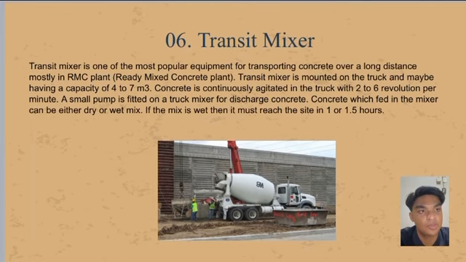Concrete is continuously agitated in the truck at 2 to 6 revolutions per minute. A small pump is fitted on a truck mixer for discharging concrete. Concrete in the mixers can be either dry or wet mix. If the mix is wet, then it must reach the site in 1 or 1.5 hours.